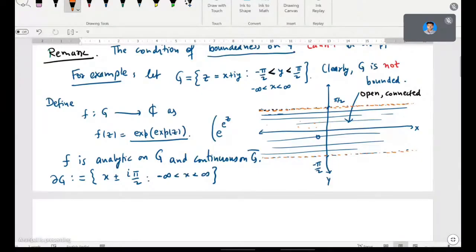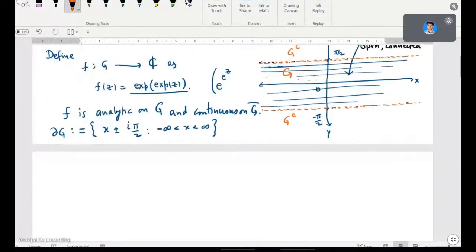The distance of any point on these orange dots from G, and from outside G, that is G complement, will always be 0. So this is the boundary of G, the collection of all boundary points.